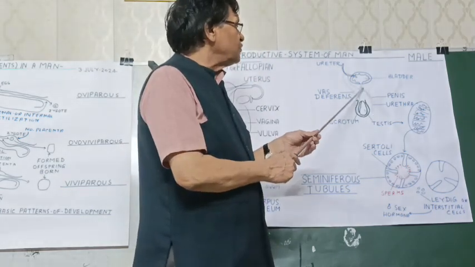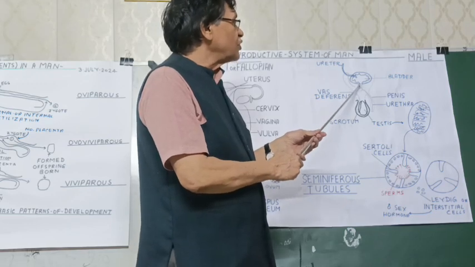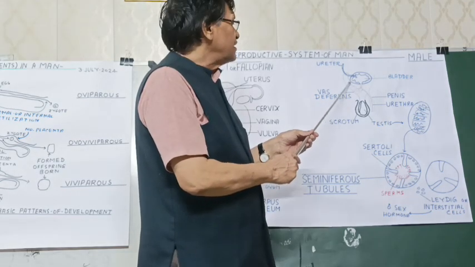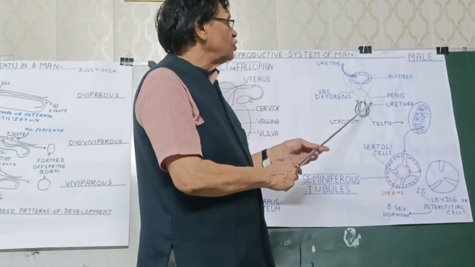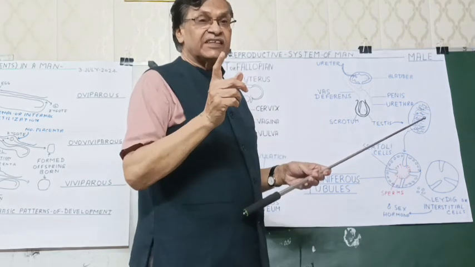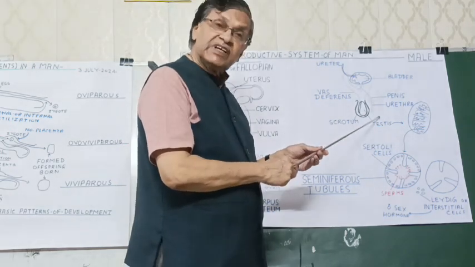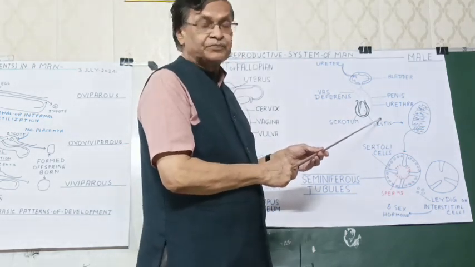And you can see that both the duct coming from the bladder and the sperm duct unite to form the urethra. So the urethra is the common passage for both sperm and urine.